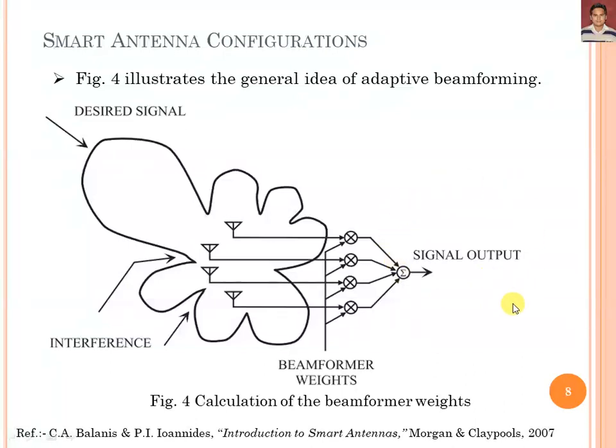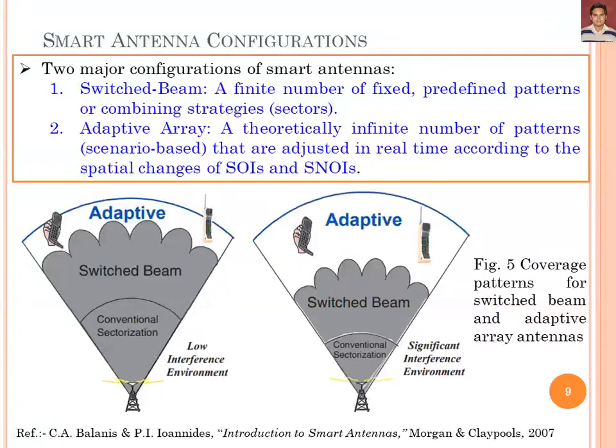And this signal output, I mean the radiation pattern, is adjusted as per the mobile or as per the user requirement. If the user moves, the radiation pattern, I mean the main lobe, also changes as the user moves. So we can classify the smart antenna configuration into two major categories.